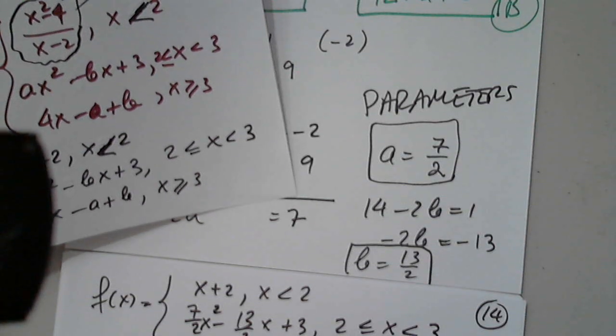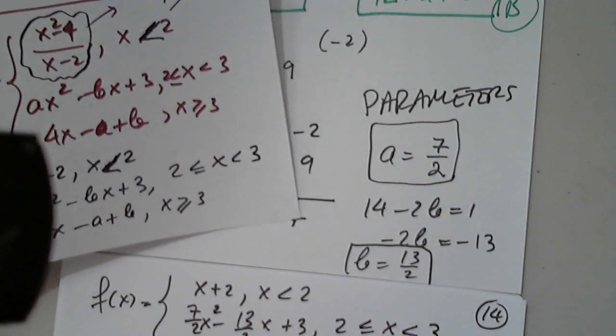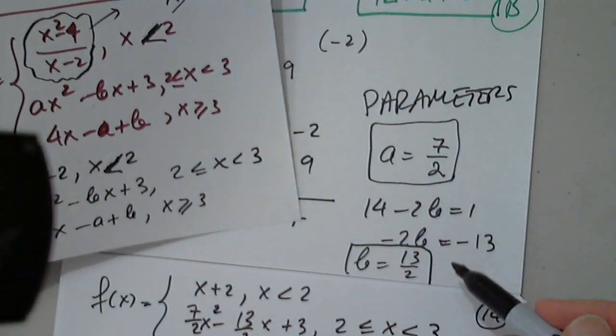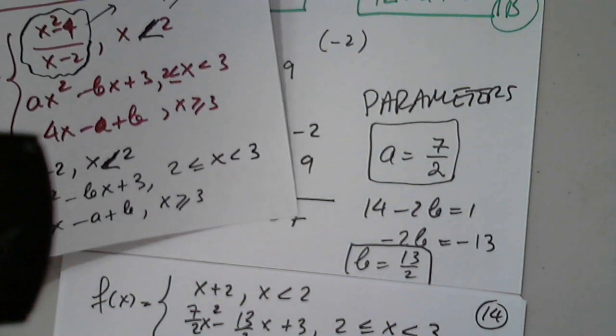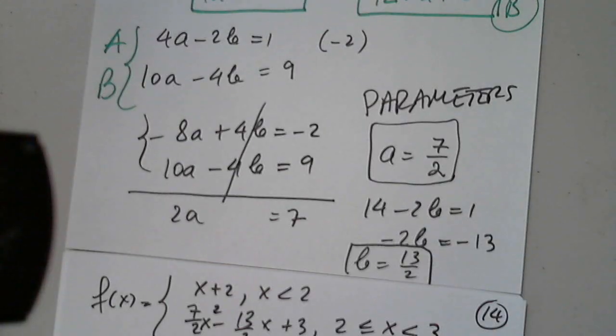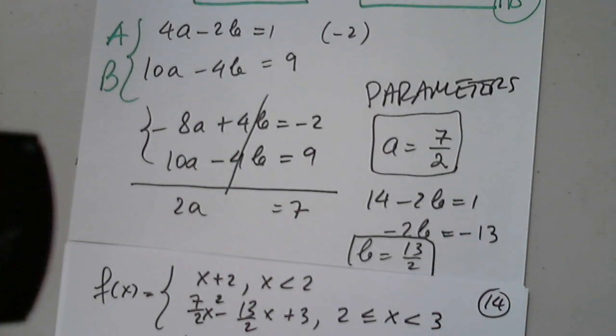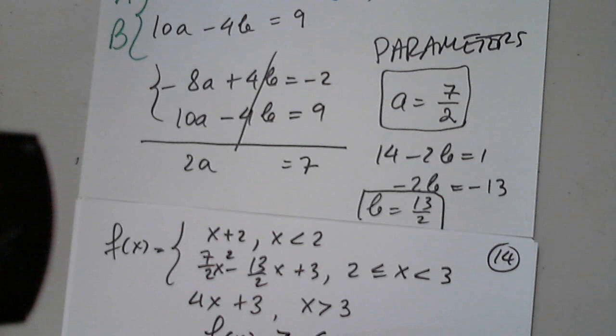And the last one is 4x. And now here I have negative 7 halves plus 13 halves, which is 6 over 2, which is positive 3, for x greater than 3. And now this is guaranteed. F of x is continuous on negative infinity to infinity.